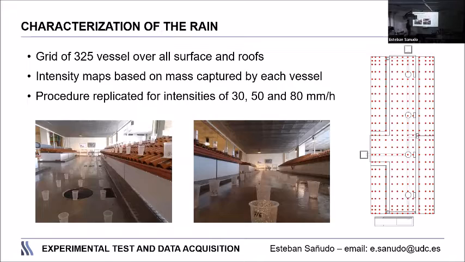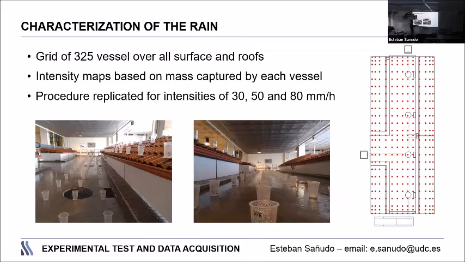To characterize the rain, we put 325 vessels over all the surface and over all the roofs. And during 10 and 20 minutes, we catch all the water that is dropping in each vessel. Then with the volume and the mass, we have the intensity.